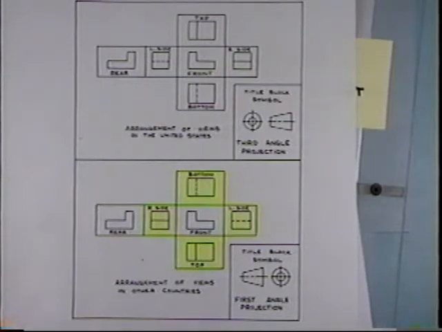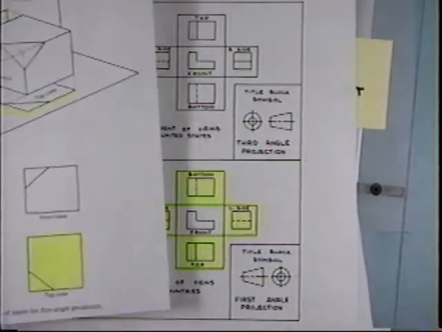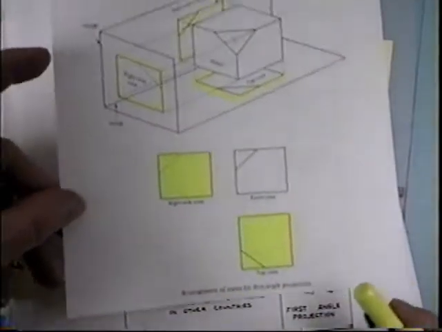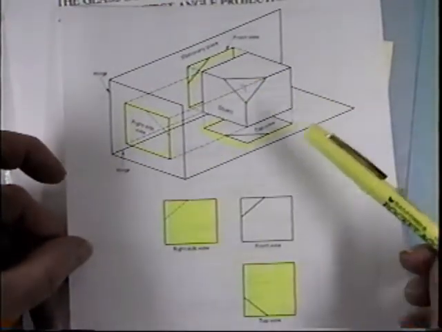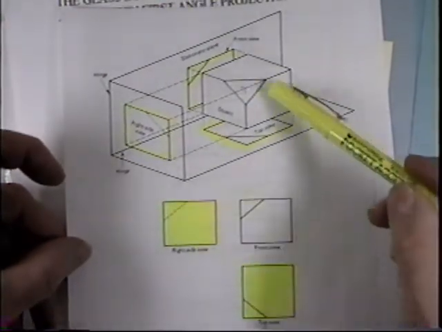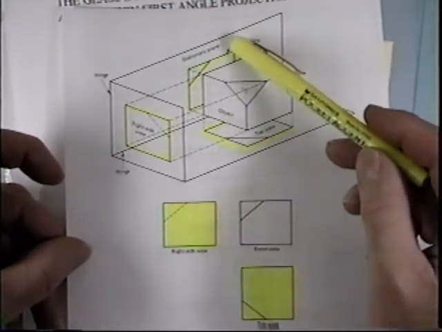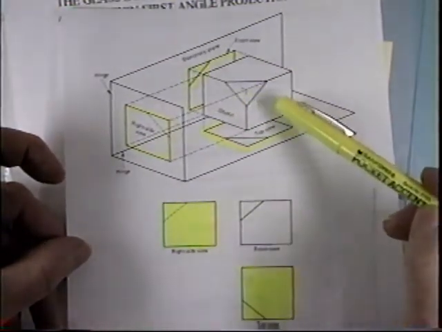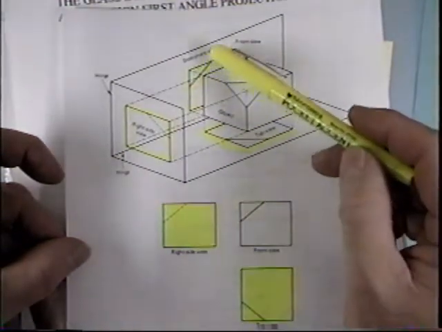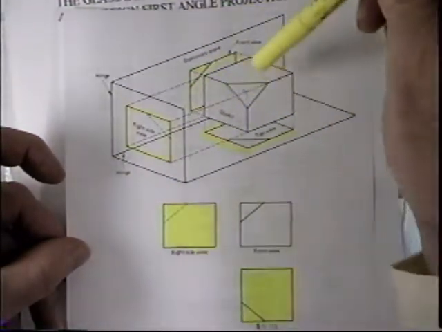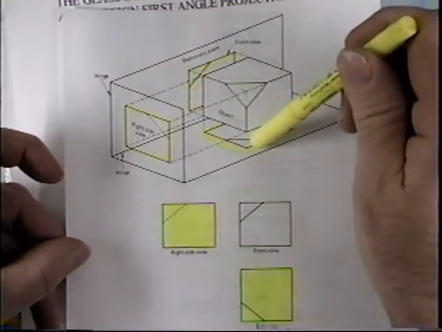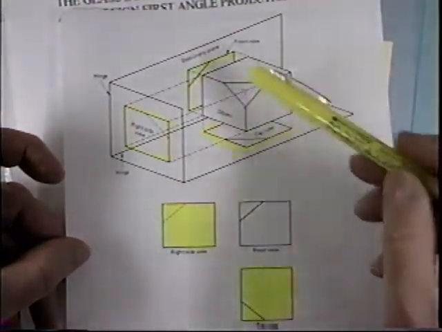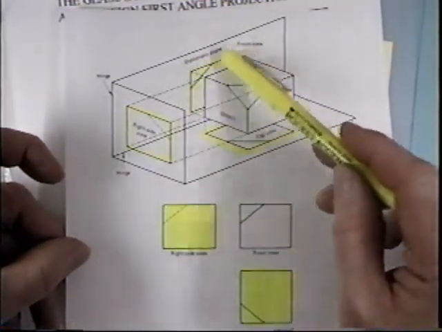With first angle projection, the thing to keep in mind is that we've got the observer, we have the object, and then we have the glass box, or the panes of glass that we project from the object directly to the first quadrant. From the top, that becomes the bottom. From the front, that becomes the front.